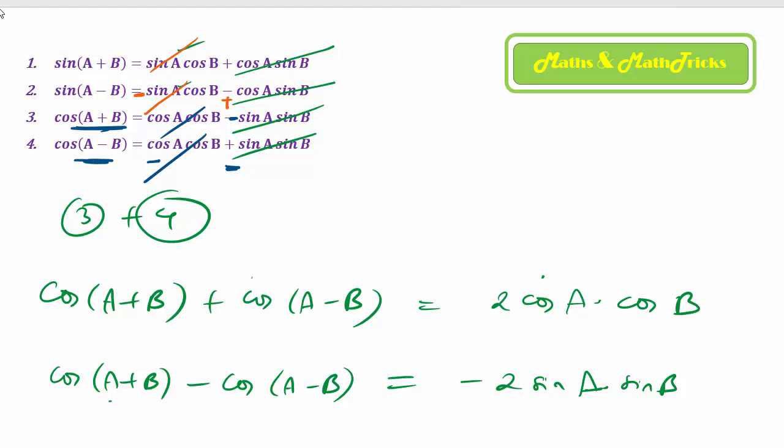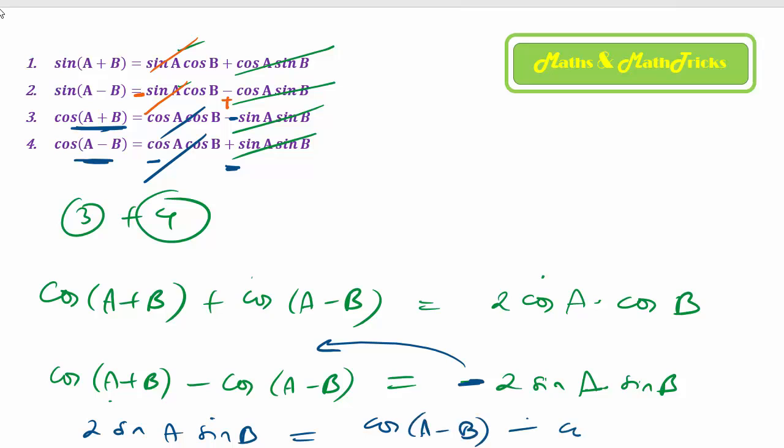But students, if you wish to write this formula in the positive sign, then you can apply this minus sign to the RHS and you may write 2 times sin a sin b is always cos of a minus b minus cos of a plus b. How did you get this? Transferring this minus sign to the other side.